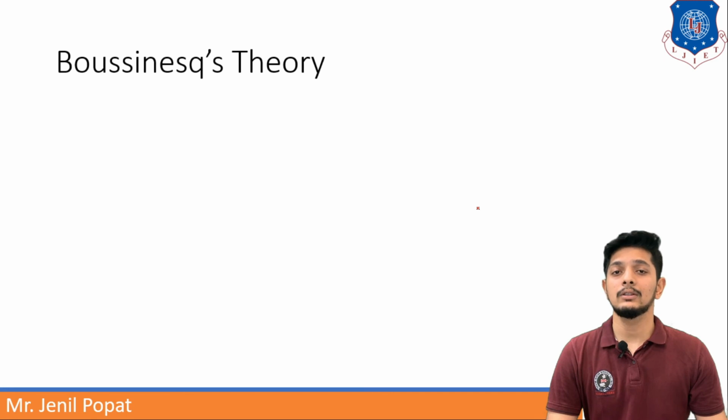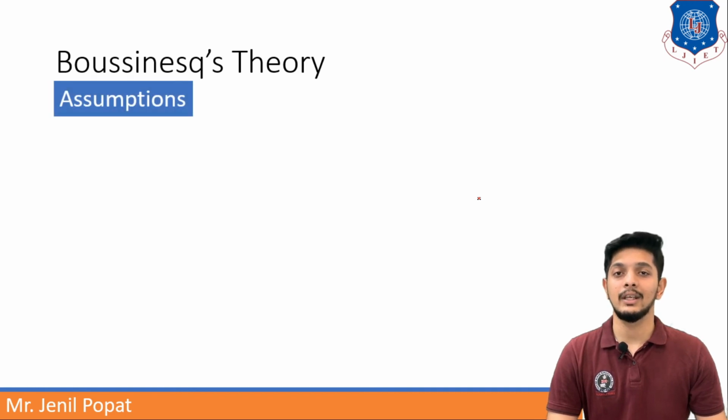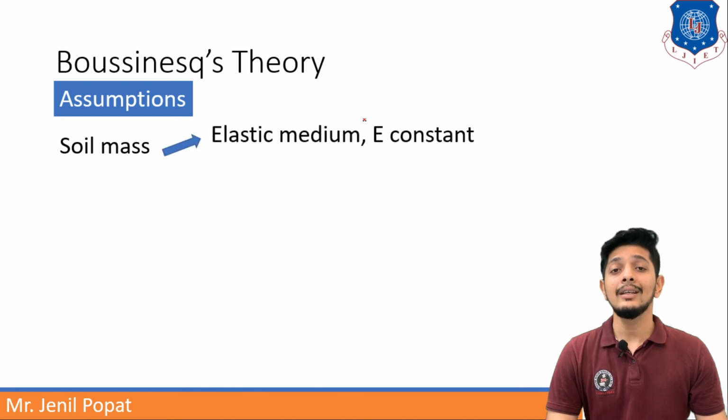Taking the first and very pioneering theory of this chapter, that is Boussinesq theory. Let us understand the assumptions for Boussinesq theory first, then we will go to the theory and move further. First assumption: soil mass is an elastic medium and E is constant, as we have talked, theory of elasticity will be used here.